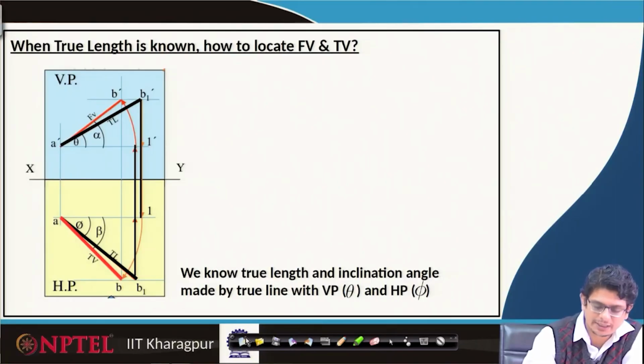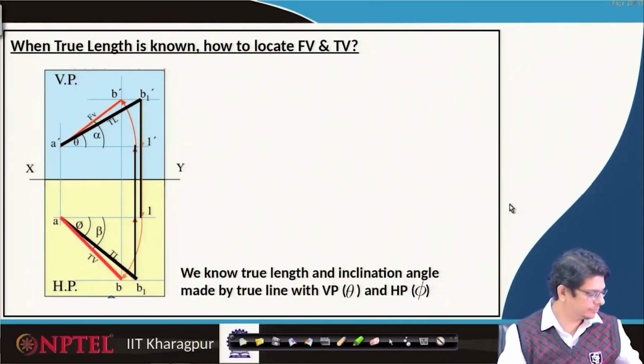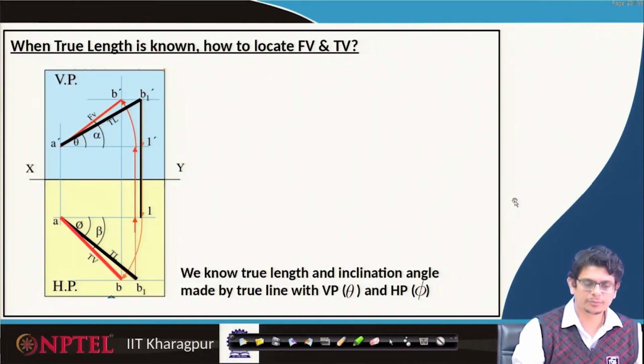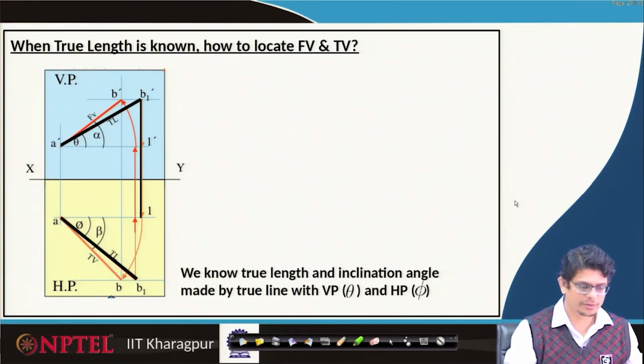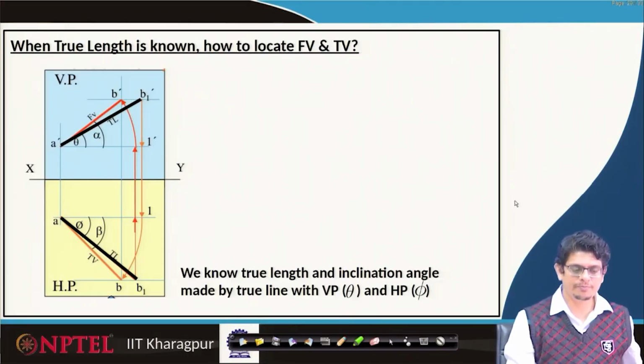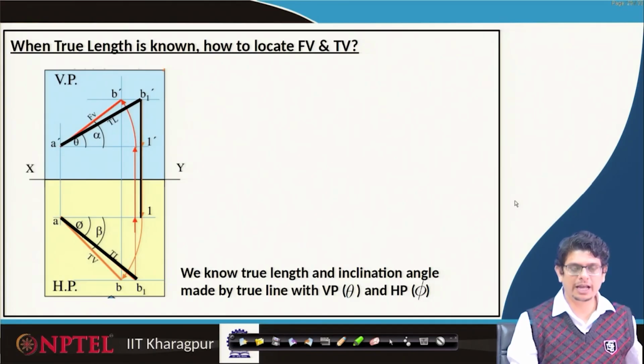So, let us do it once again. Once we know this true length A prime B1 prime, we project that all the way down, where we are going to construct this true length line towards top view line, rotate that all the way to top view line, which is making an angle phi, and we will be in a position to construct this AB.